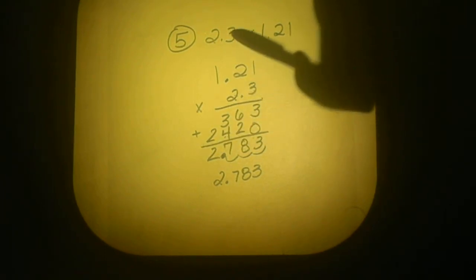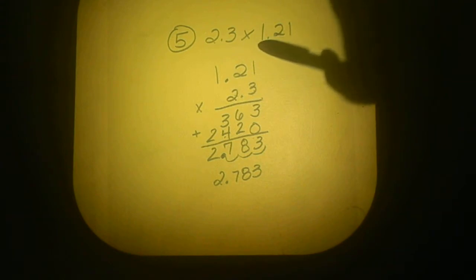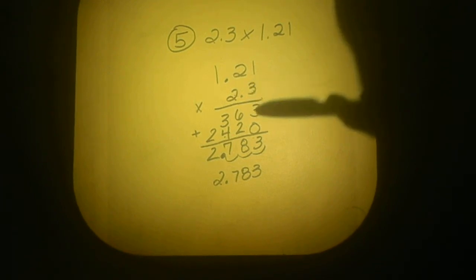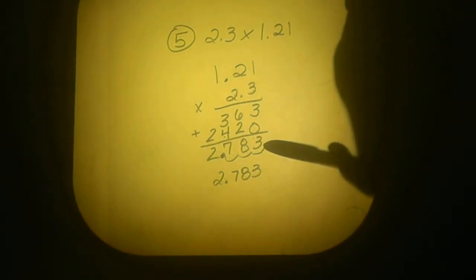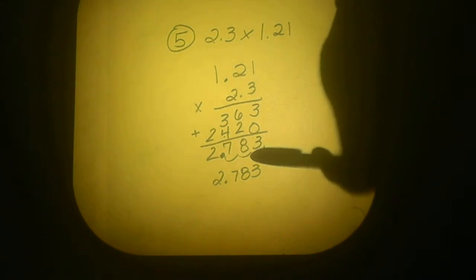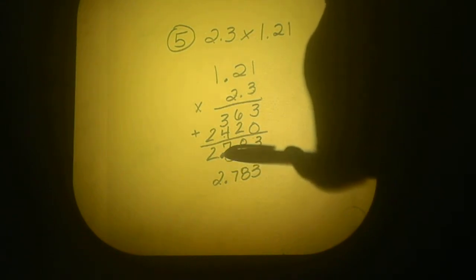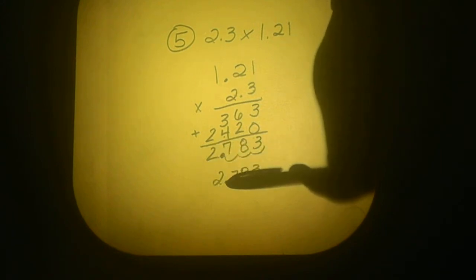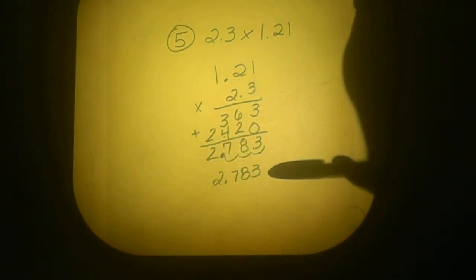Now, how many total numbers are to the right of the decimals in both of these? There's 2 here, plus 1 here. That's a total of 3 decimal spaces. So I start at my far right and count 3: 1, 2, 3. I place my decimal point, and here's my solution, 2.783.